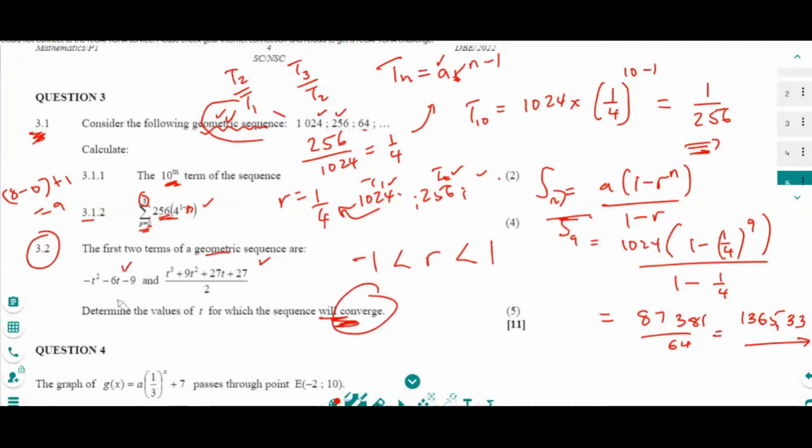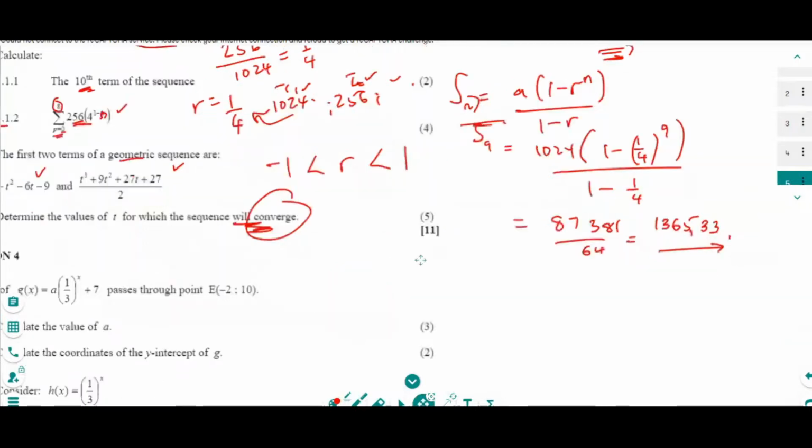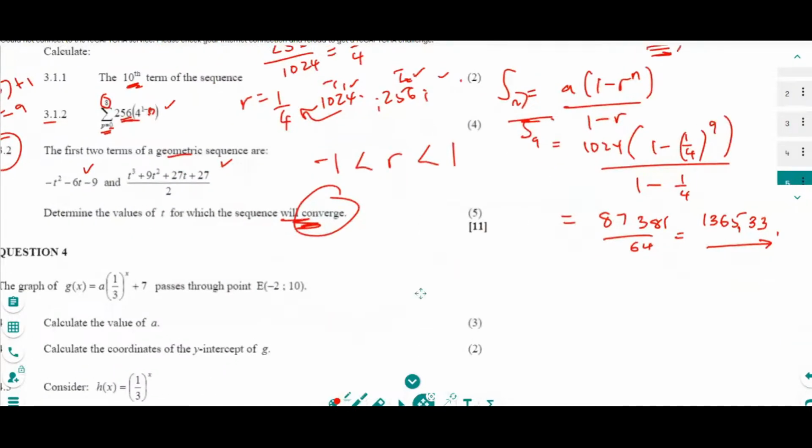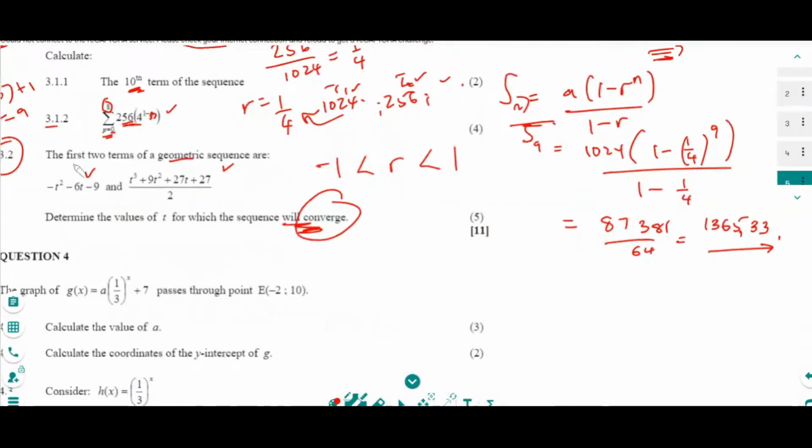Since we have the t1 and the t2, we need to find the common ratio. What I'm going to do is break this down. If I factorize out the negative, it's going to be negative t squared plus 6t plus 9.